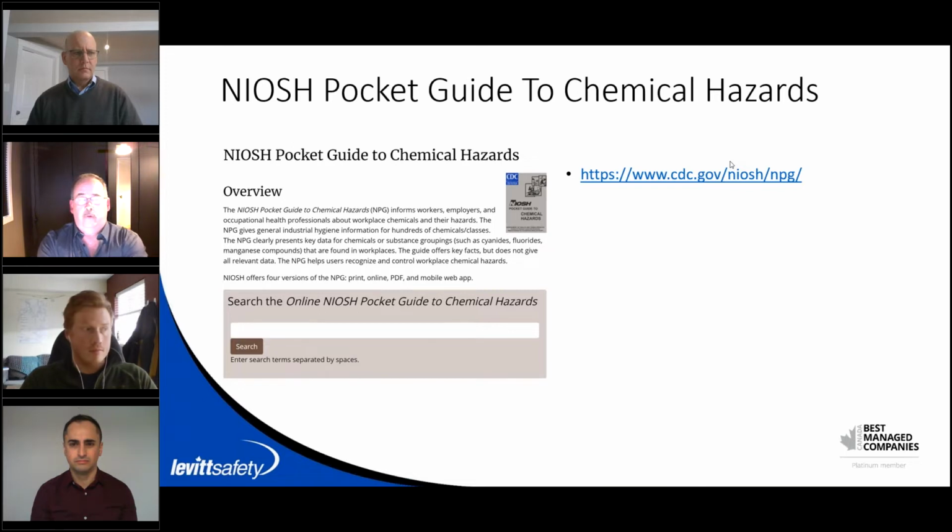There are lots of resources out there to help you understand respiratory protection. We've got a good resource here that we'll probably share out later. This can give you a lot of good information on chemicals and some suggestions on respiratory protection. But if you don't have the hazard analysis done and you don't know how much is in the air, it's really difficult to go anywhere else. That's just mission critical information that you have to have.